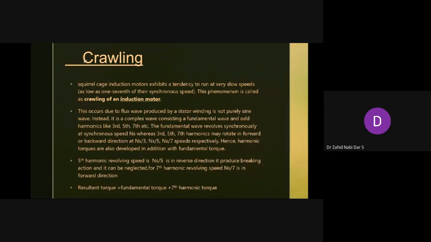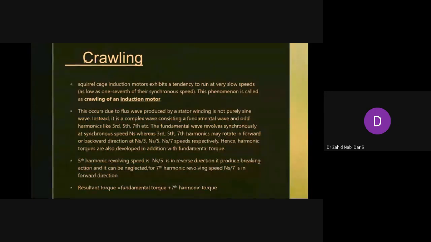The non-sinusoidal flux can be resolved into fluxes of fundamental and higher order odd harmonics, meaning 3, 5, 7, 11, 13 are present. As we can see, we are only considering the 3rd, 5th and 7th harmonics, and the harmonic speeds are Ns by 3, Ns by 5 and Ns by 7.